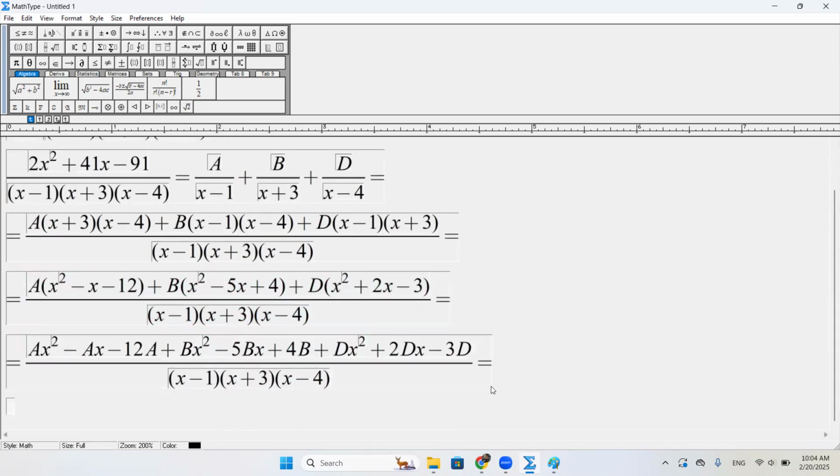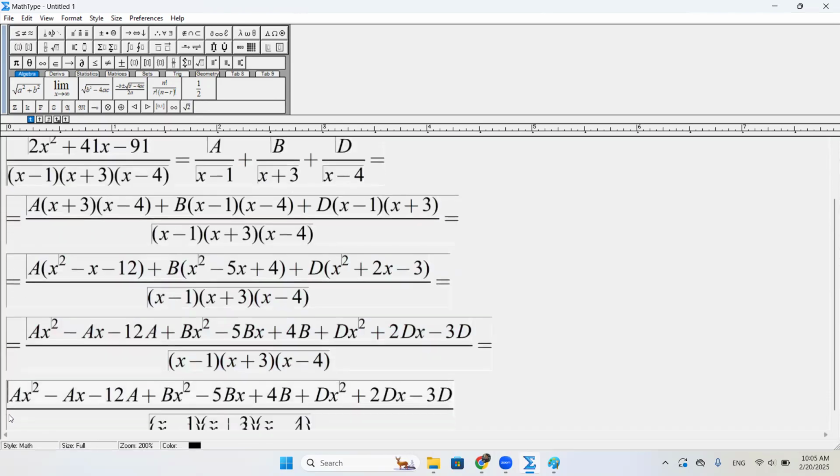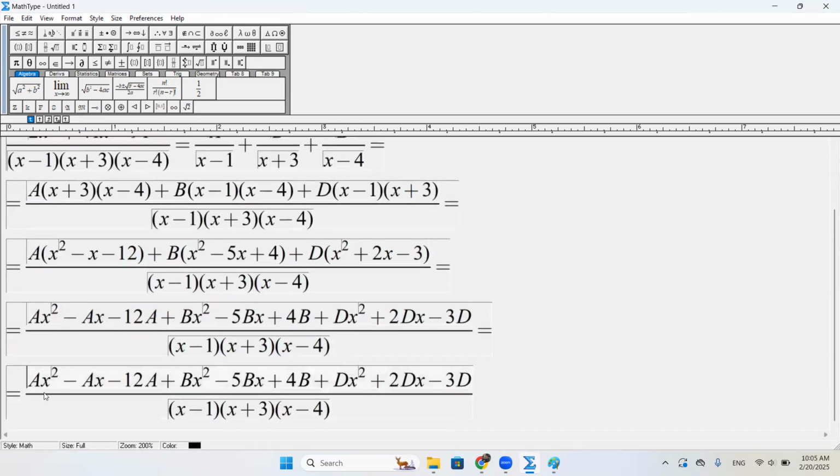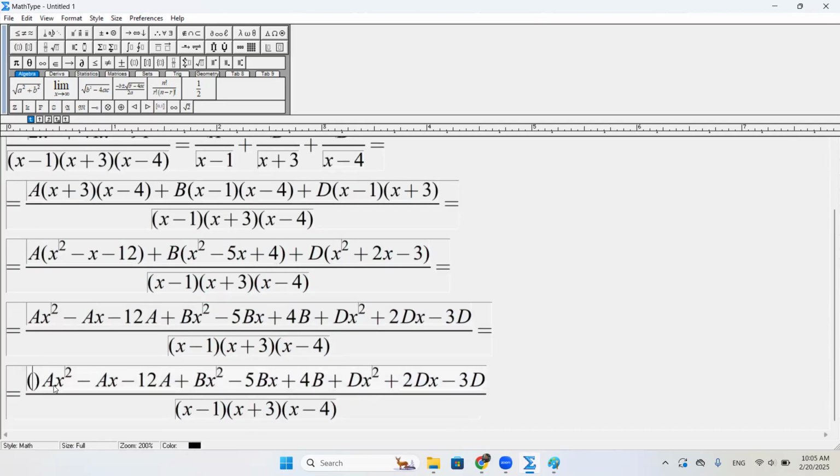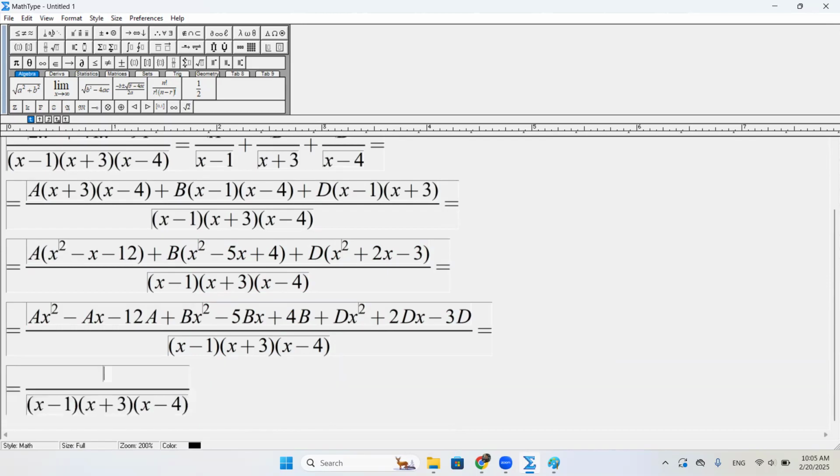What are we doing now? Now we need to regroup these addends according to powers of x. So what do we have? For x square: a plus b plus d.